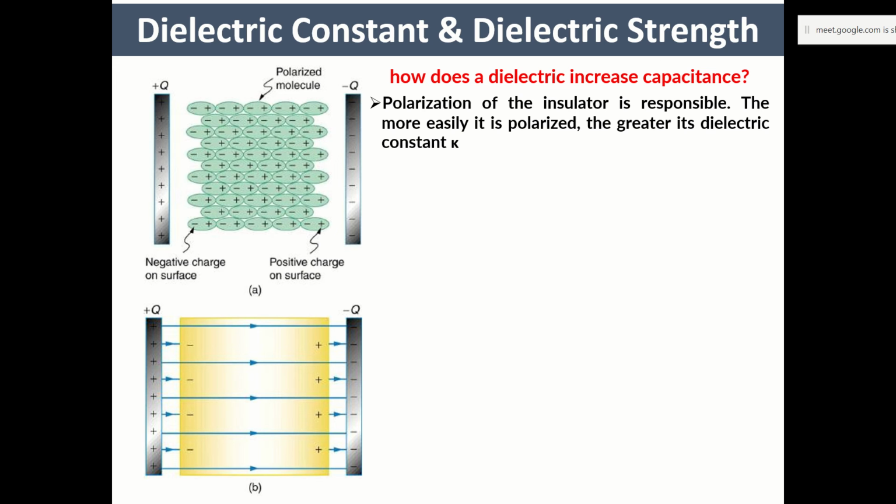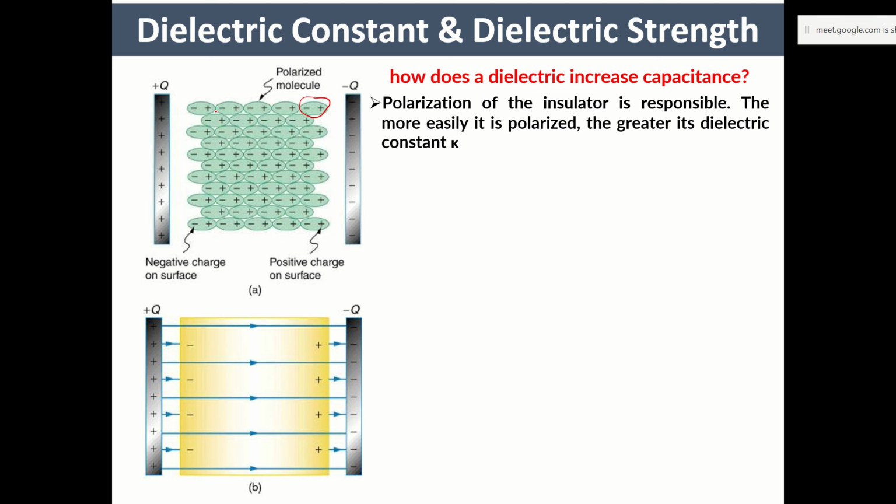So how does the dielectric increase the capacitance? We should try to learn about this. So this is the structure that you see. So you have plus and minus charges, and suppose you place a molecule which has a dipole moment. It is a polar molecule. Then this kind of arrangement will emerge.